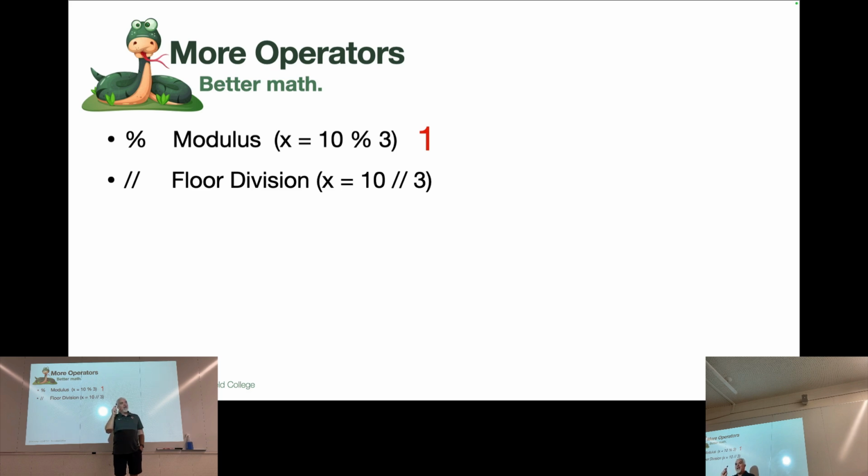Just something to keep in mind. So if you need an integer as a result of this, and you're willing to sacrifice a little bit of precision in terms of getting rid of a decimal, you use floor division. And then you don't have to convert it to an int because it returns an int to you. So 10 divided by 3 is 3. Now, if you notice, these two things kind of go together, because if I do this and this, now I have the result and the remainder. Okay? So those go together.